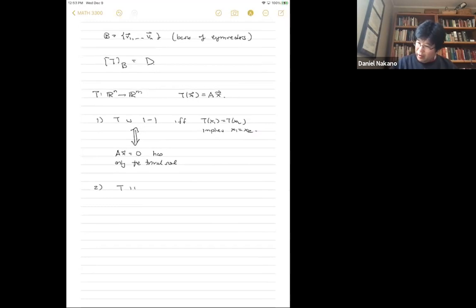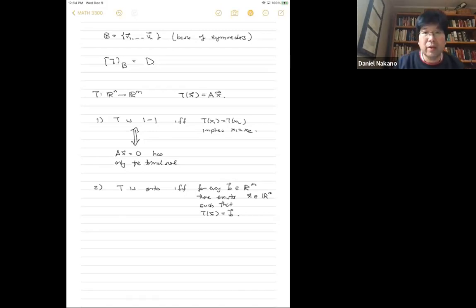So T is onto if and only if for every B in Rm, there exists an X in Rn such that T of X is equal to B. Okay, so this is the definition for the map to be onto.